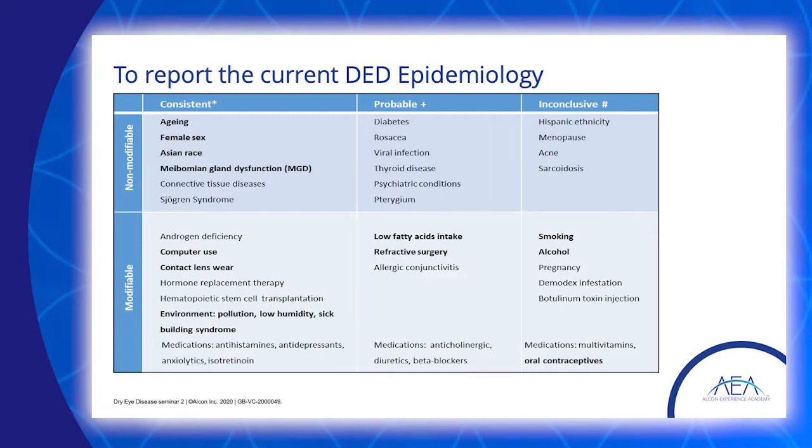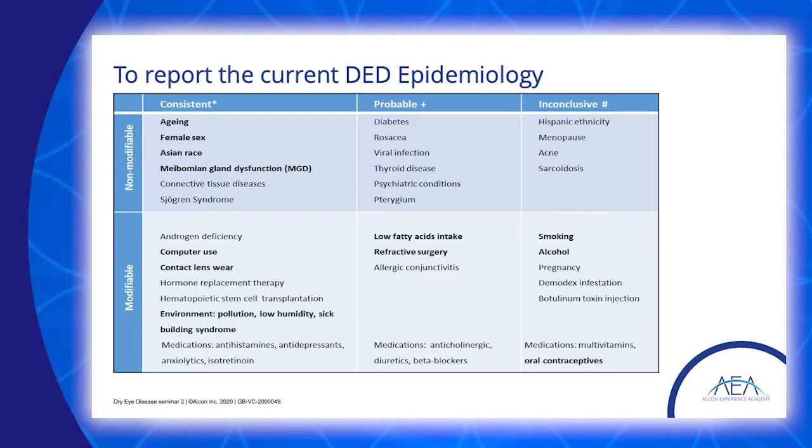This is followed by the risk factors, looking at non-modifiable factors, the ones we can't change, and modifiable factors which we can. Each of these factors has 3 categories, which are consistent, probable, inconclusive, as shown in the table. So for example, age, female gender, Asian race are non-modifiable and consistent.